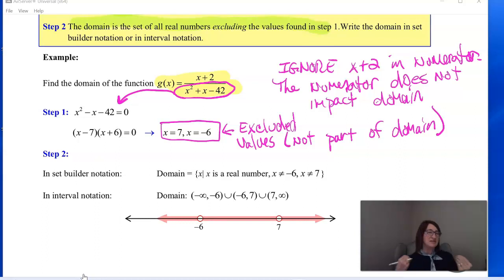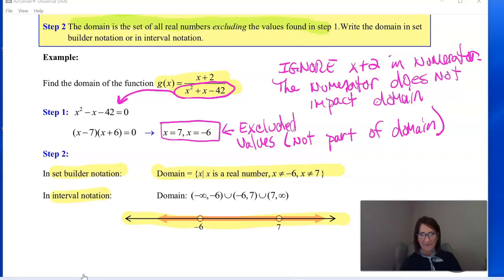To show this in set builder notation, the domain is going to be the set of real numbers, but x cannot be equal to negative 6 and x cannot be equal to 7. If you want to show the exact same thing in interval notation, I think it's easiest to first graph it, and that's what this graph shows.